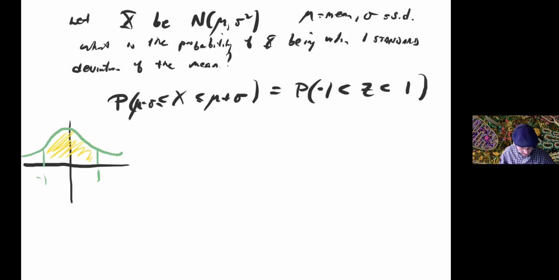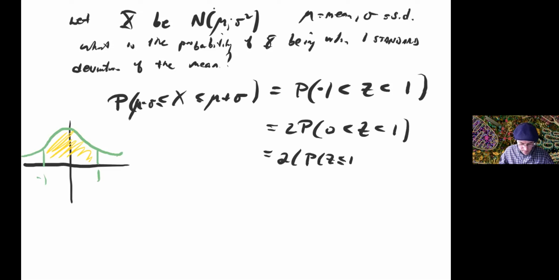So by symmetry, in this case, that's twice the probability that 0 is less than Z is less than 1, which is twice the probability that Z is less than 1, minus the probability that Z is less than 0, but that's 0.5 we saw before. And the probability that Z is less than 1 is 0.8443.